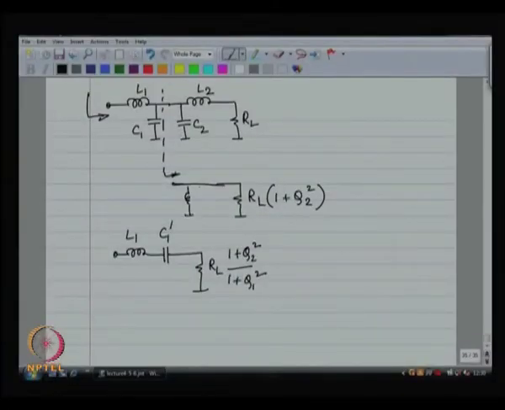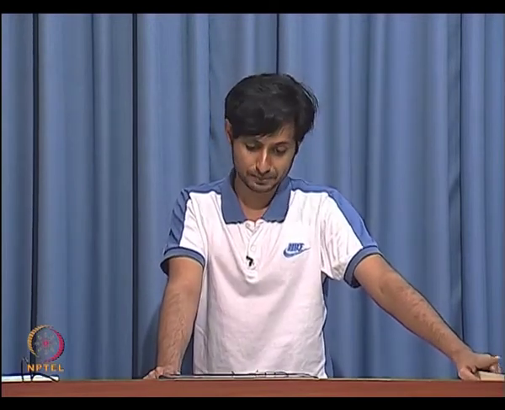I am sorry, L 2 is going to be almost equal to L 2 prime. So, L 2 prime has to resonate with C 2, and L 1 has to resonate with C 1 prime. All of these resonators have to resonate at omega naught, the chosen frequency of match. Once they resonate out, everything is clean and you just see the desired resistance.